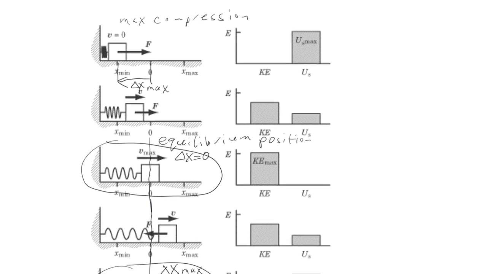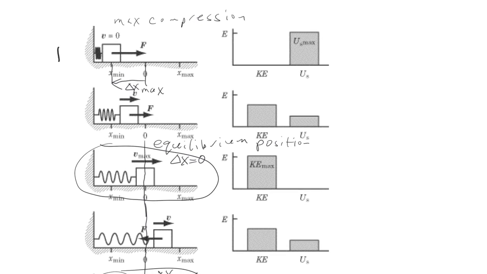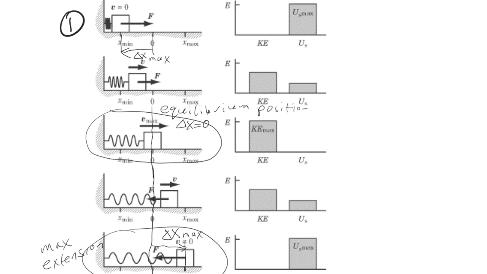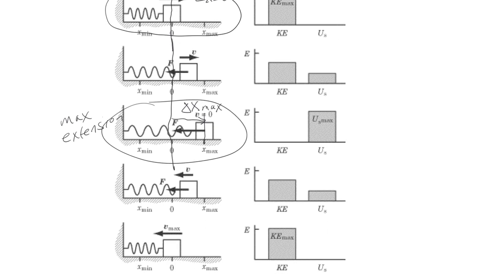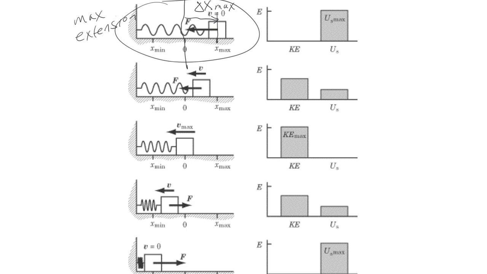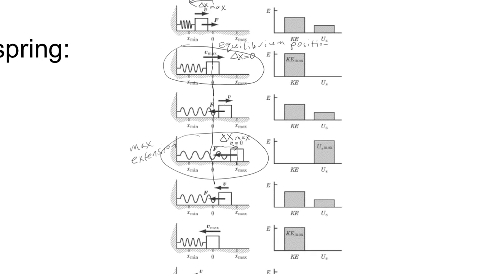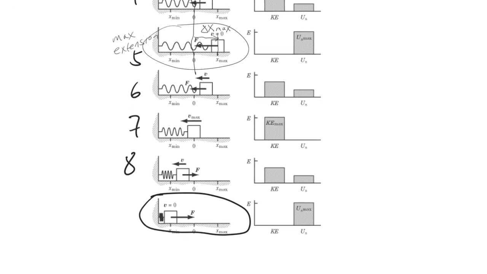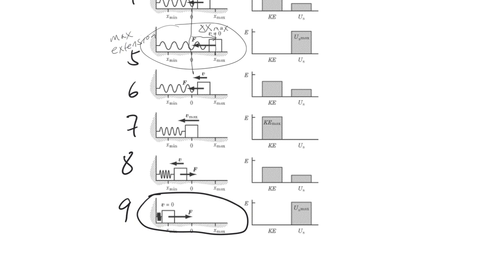Okay, so if I push this block all the way in, as shown in diagram 1, and release it, it would go back and forth. Where would one cycle be if you start at 1? It would be all the way back to the original position right here. So let's call this position 2, 3, 4, 5, 6, 7, 8, and then 9, when you're fully compressed again.